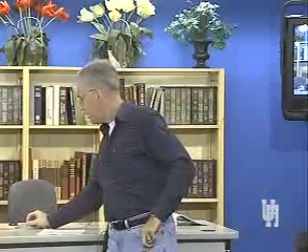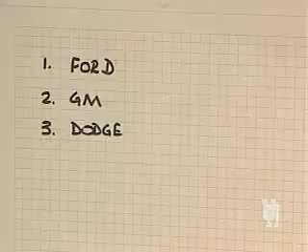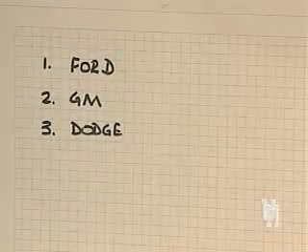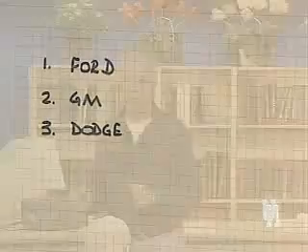But that is the limit. That is the extent of the sort of statement that you can make from ordinal level data, data that is rank ordered. And it is the limitation of ordinal data because we cannot say that each of the differences, that is the difference between Ford and GM and the difference between GM and Dodge, is equal, because the difference between 1 and 2 is not necessarily equal to the difference between 2 and 3.